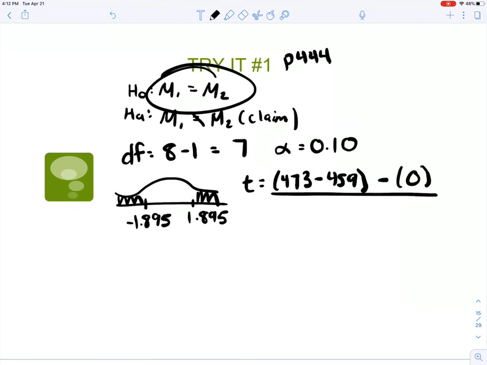I'm using the equations where my variance is not equal, so my denominator is going to look like this: s1 squared over n1 plus s2 squared over n2. So now I just take it to my calculator and I'm plugging everything in.